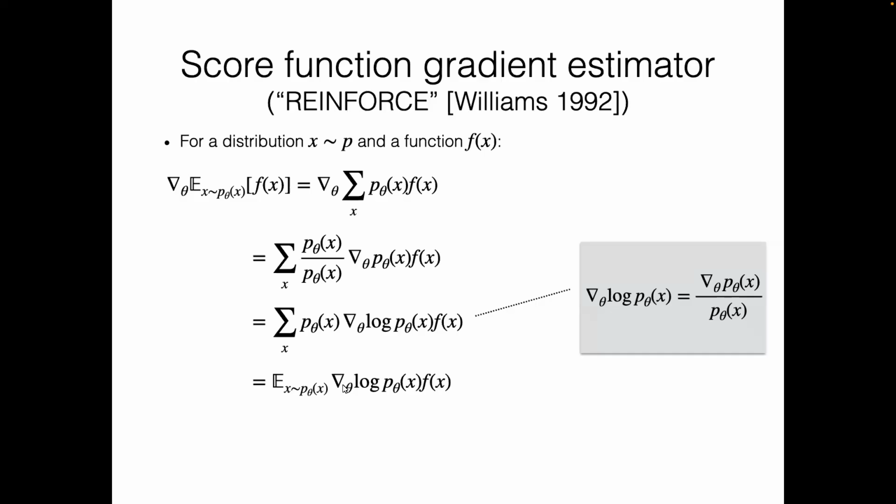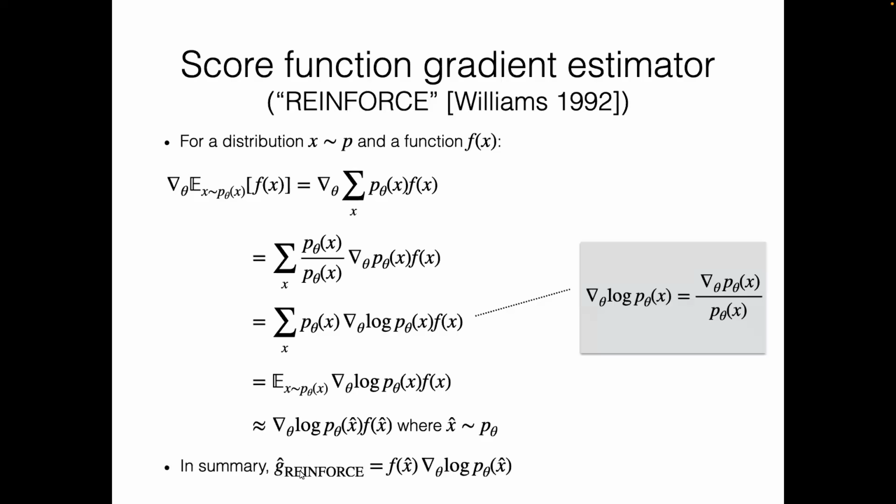And now we have the gradient inside of the expectation. So what we can do is approximate it by just drawing samples. Let's say we draw a single sample, then you have this gradient approximation shown here. This is called the REINFORCE gradient estimator, and it looks like this.